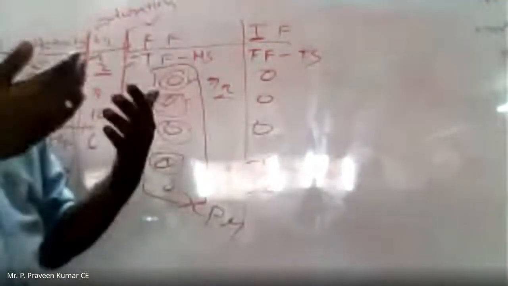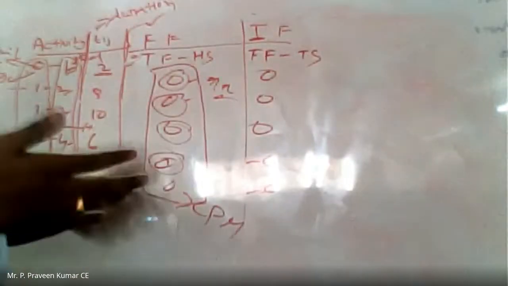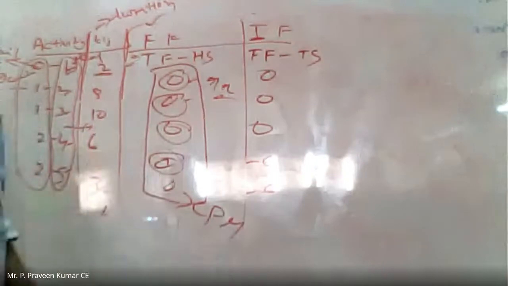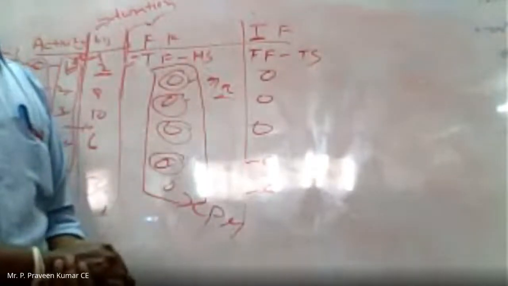For some activities there will be some time, for some there will not be time. Based on that, we decide which path is the critical path and which is non-critical. If you get 0 values, that path is considered the critical path in that particular project. That duration time is used for the completion of the project. It may be 50 days, 1 year, or 2 years, according to the problem.